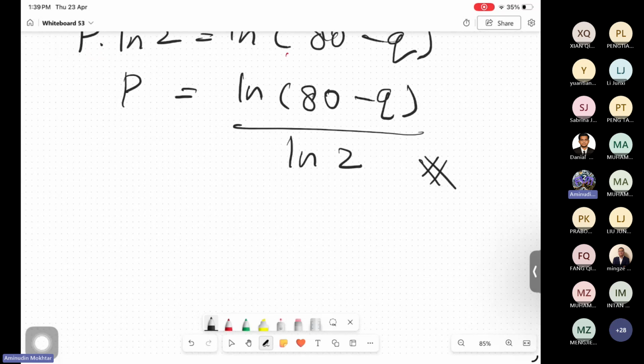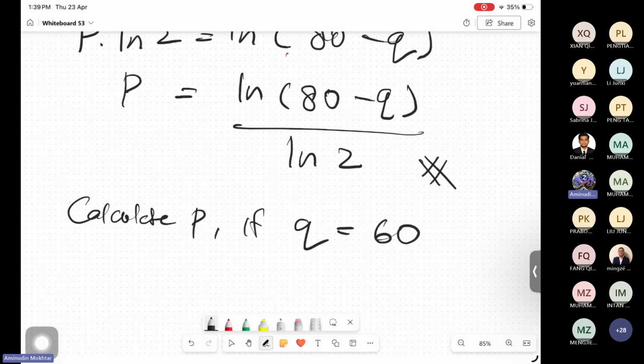And then question B, maybe we would like to find the price. Let's say, for example, calculate P if Q equals, let's say, 16 units. What is P?